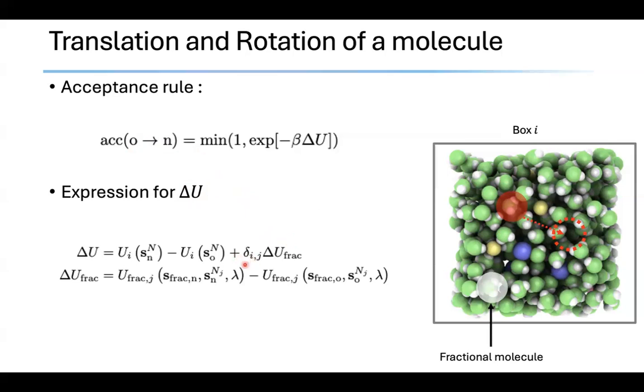Once again, I repeat that if your fractional molecule does not stay in the same box, then this particular term can be neglected. In the event that the fractional molecule is in the same box as your molecule that is chosen for translation, then this term contributes to the overall change in the energy.